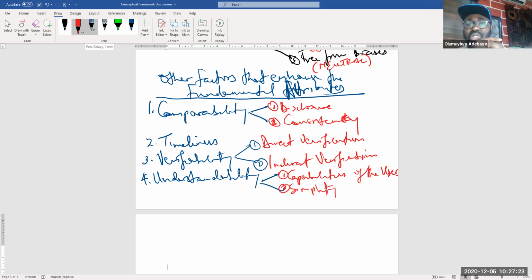For example, you are making reference to the fact that in this year we have written down our assets to the tune of 10 billion because of an impairment and other things. The question is, how many people understand the word impairment? But after that, you can simplify that the impairment is as a result of the fact that coronavirus impacted our operation, the fact that the dollar has lost its value, the fact that the Nigerian economy has experienced a drastic recession.